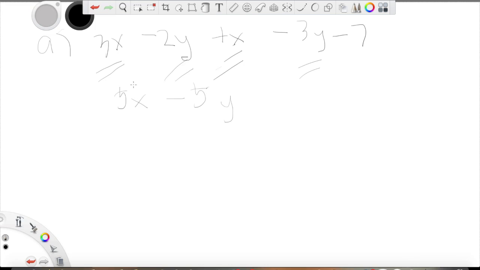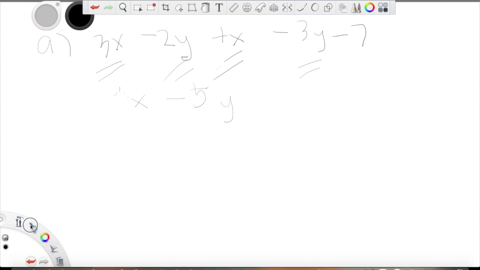Sorry, this one is 4x. Let me just erase that. 3x plus x is just 4x.